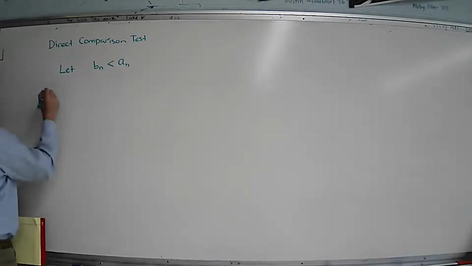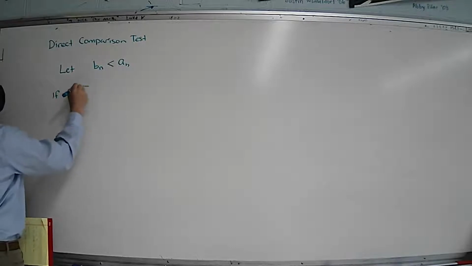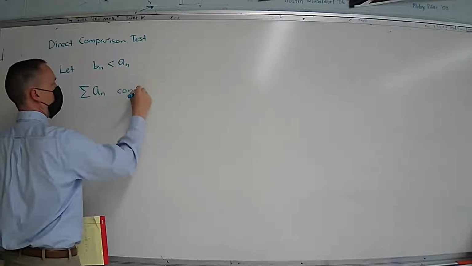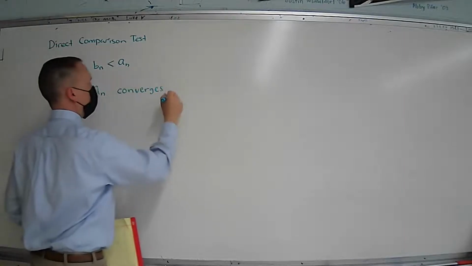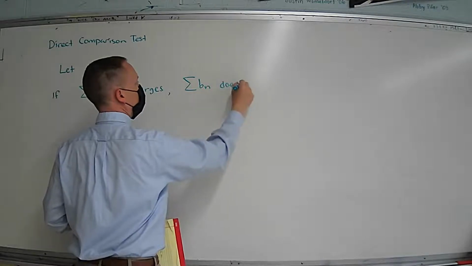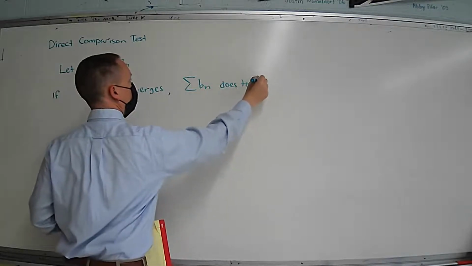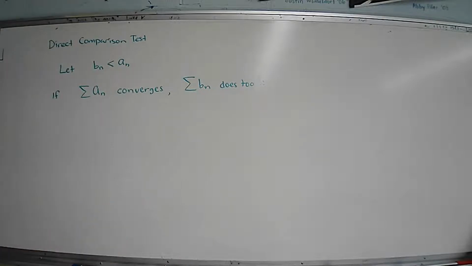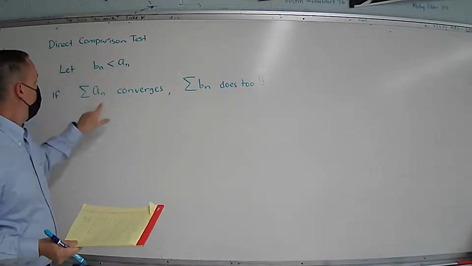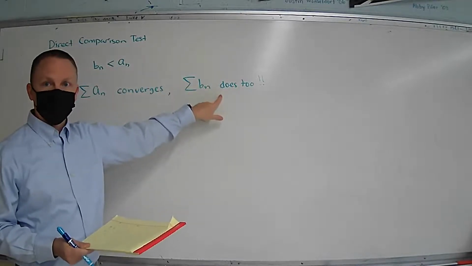And then I'm going to say if, we're not really putting this in real high-level math terminology here. We're saying if this series is always less than this one, and he converges, so does he.